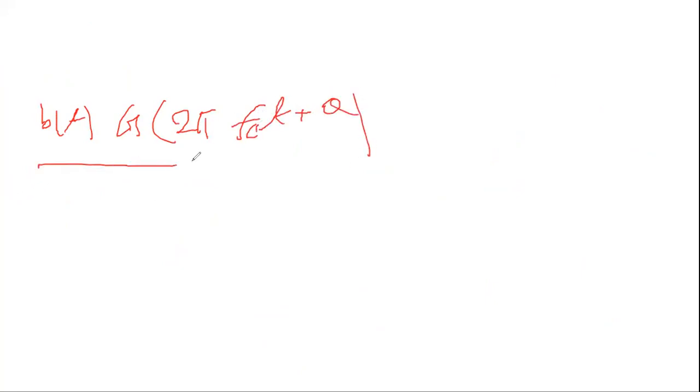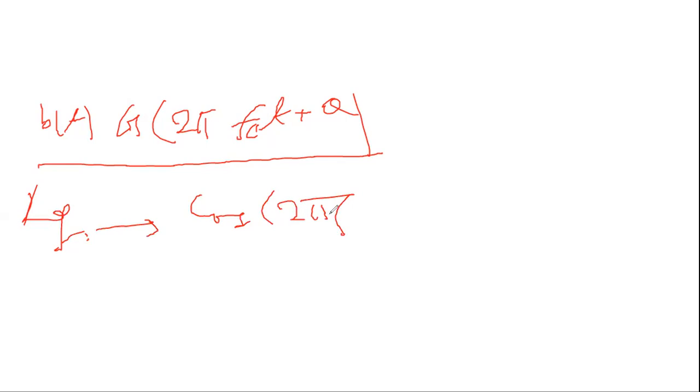So what was the incoming signal? It may be bt cos 2 pi fct plus theta. It was the incoming signal. Now the reference signal, which we have generated at the receiver, is cos 2 pi fct plus theta.